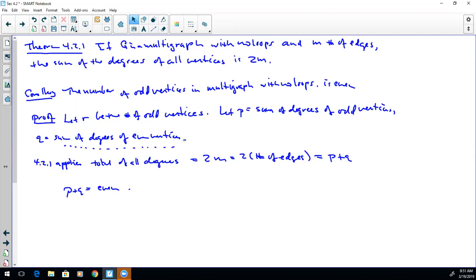Now, let's go back to Q here. Q is the sum of the degrees of the even vertices. So when you add up a bunch of even numbers, the degrees are all even. So Q must be even. So I have P plus even is even.